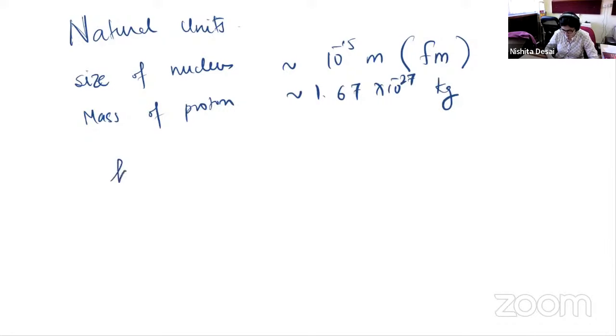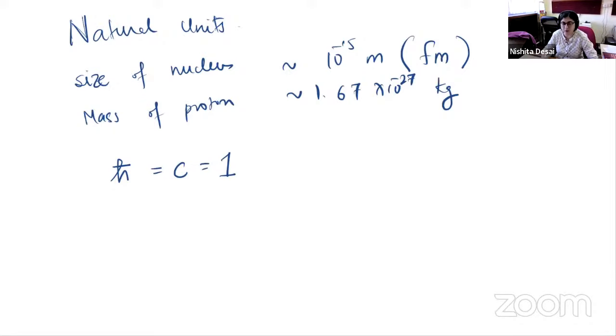So what we often do is we use these units. You may have come across this before, where you set h-bar and c to 1. This essentially relates energy units and distance units and time units all together.